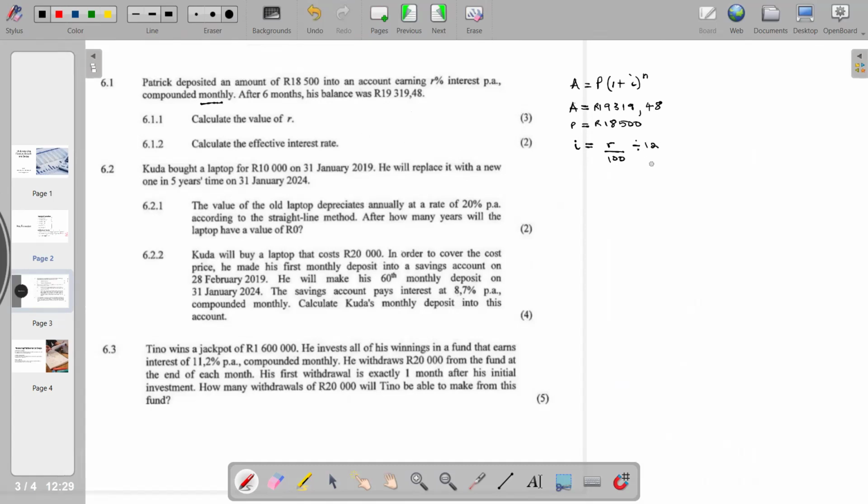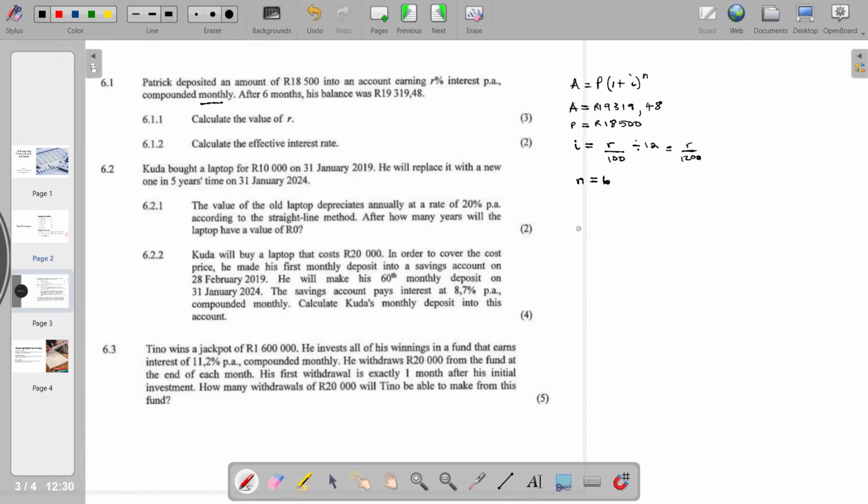This reduces to R over 1,200. Then we have our n, which is equal to 6.